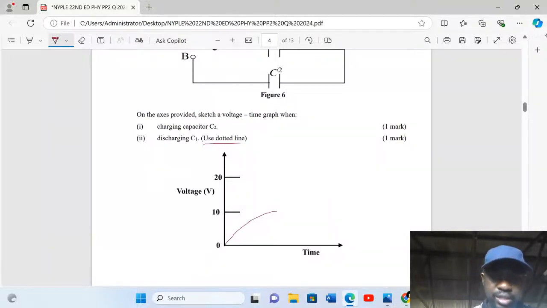We label this one C2. Then C1 was discharged from 20 until it shared half of its potential difference. We label that this is C1 that was being discharged.